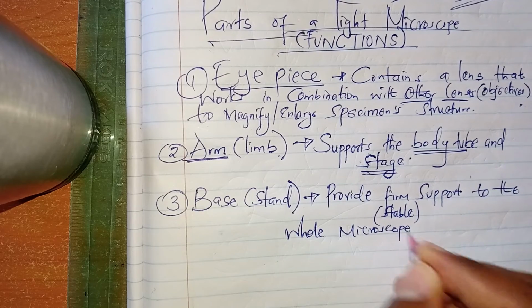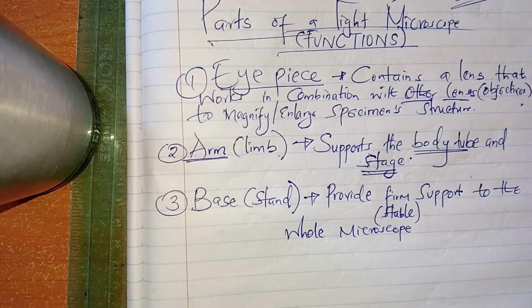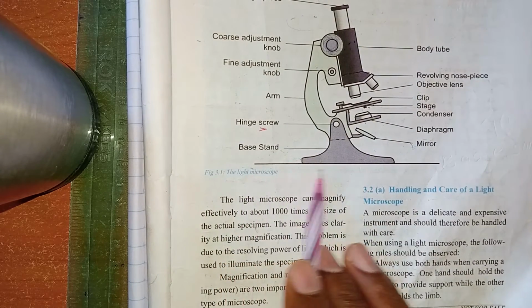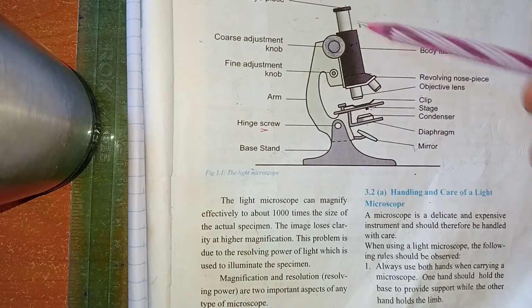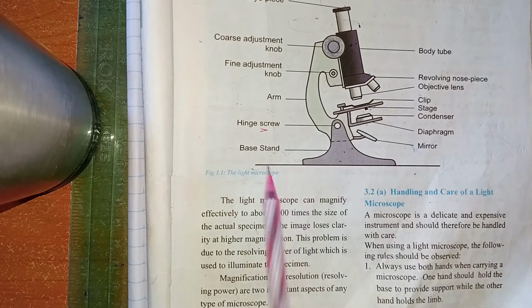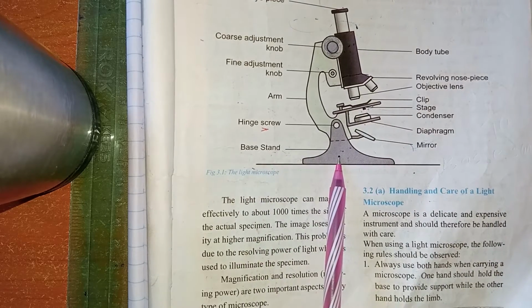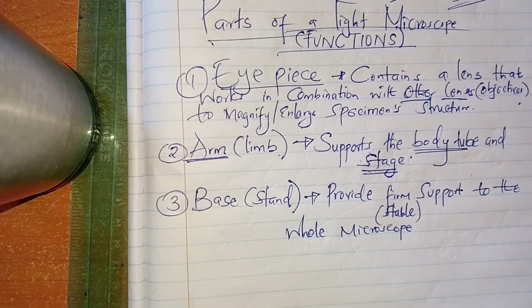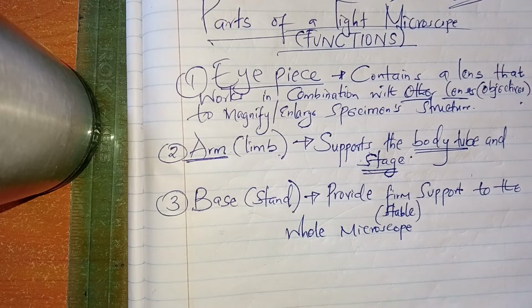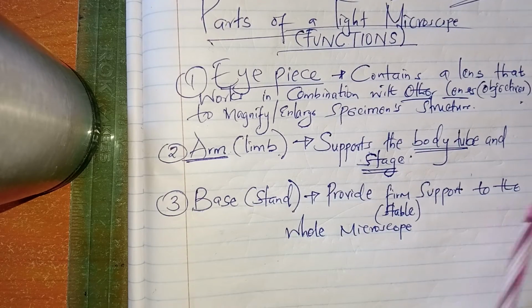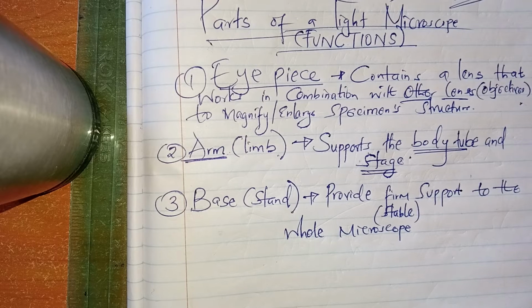So when a microscope rests on the bench, like this one here, all the weight of all these parts rests on this base stand. So the base stand is used to provide firm support to the whole microscope, and that's what we are calling the base. The stable support to the whole microscope.